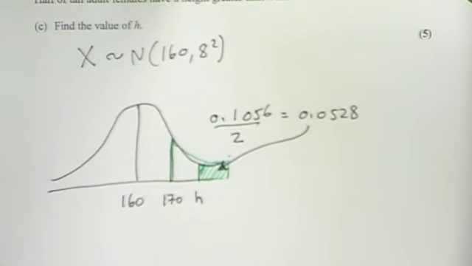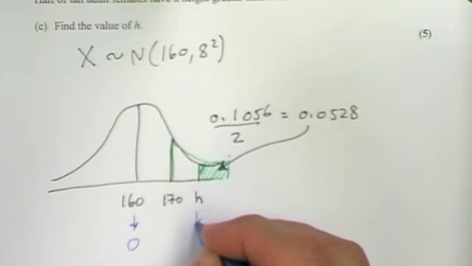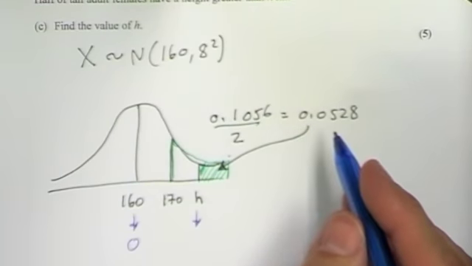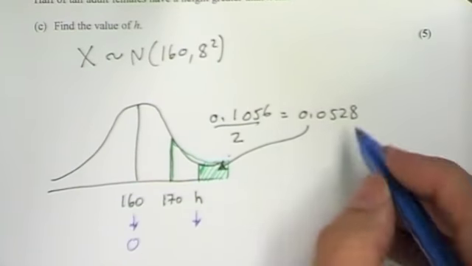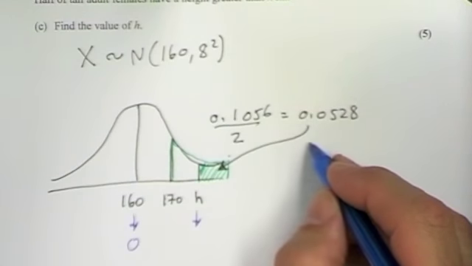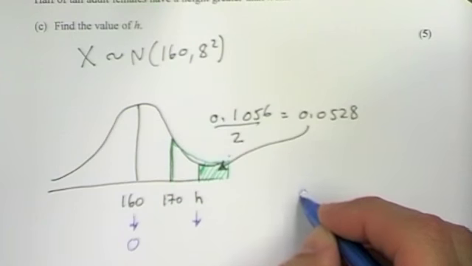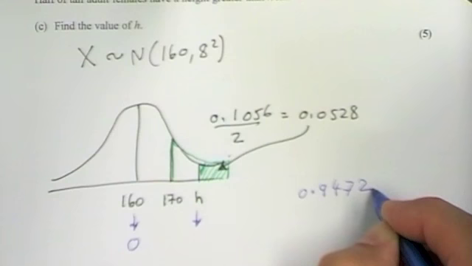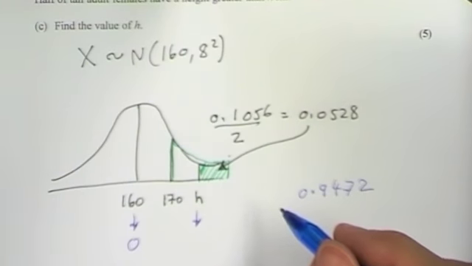So we can change them to z values. This one becomes 0, I'm not interested in that. I've got a probability, but I can't look up that probability, I've got to look up 1 minus that probability, because that's not going to be in the table. So I'm going to look up 0.9472, and that will give me a value of h.